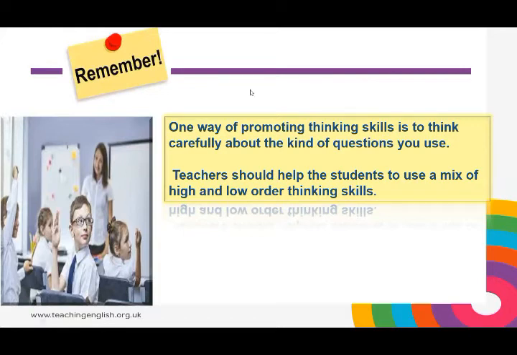One way of promoting thinking skills is to think carefully about the kind of questions you use. Teachers should help the students to use a mix of high and low order thinking skills.